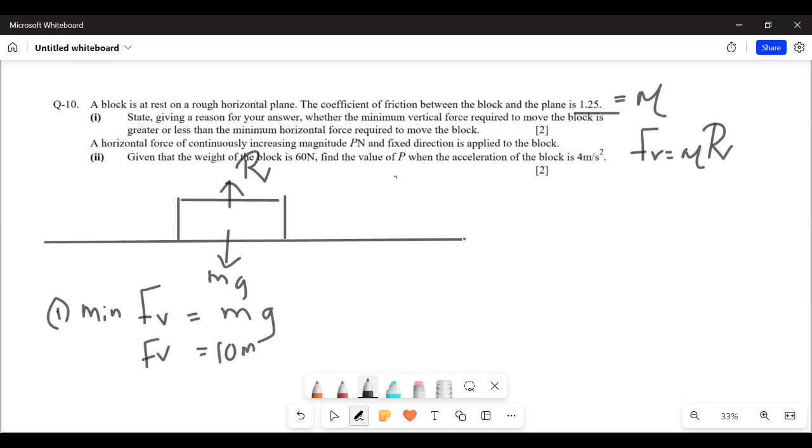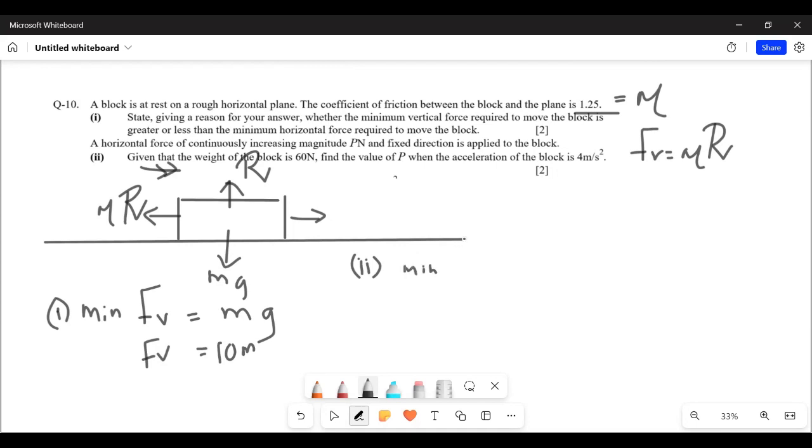And then what's the minimum horizontal force you need to move this block? If it's moving in this direction, rightwards, then this is the forward force and this is the backward force. Backward force we know is mu R. So the forward force must at least be equal to mu R, in fact slightly bigger than mu R so that it moves. Let's call it horizontal force in this case.